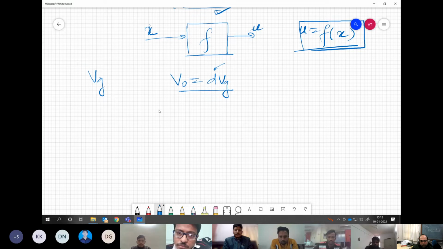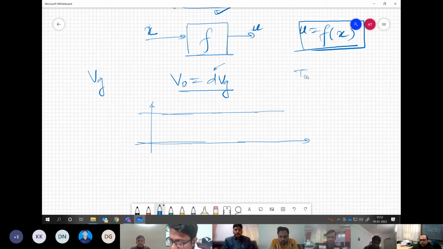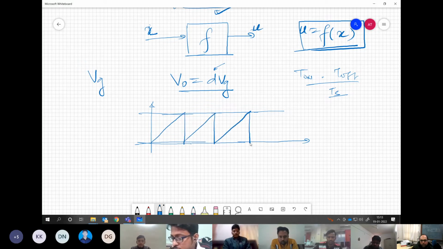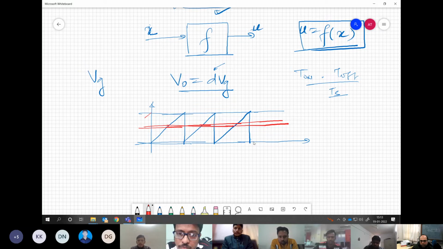The simple solution is, to maintain the T on, T off and switching time properly, you compare a reference voltage, which is equivalent to the output voltage, with a ramp carrier. This ramp carrier has a time period equivalent to the switching frequency.